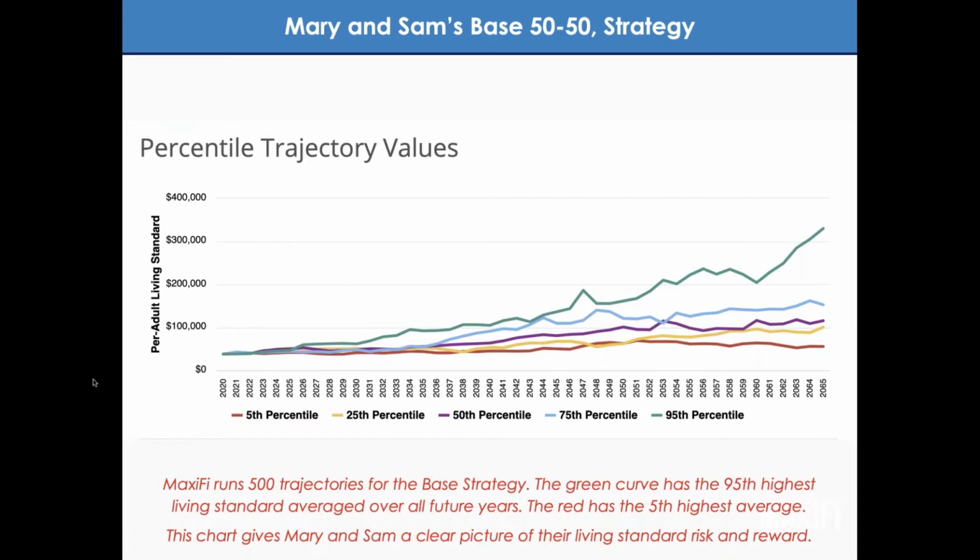How aggressively you invest determines the spread of these curves, this cone of living standard outcomes, how much it spreads out through time. That's determined by two things: the riskiness of your portfolio, how aggressively you're investing, and also how aggressively you're spending through time. I'll talk to you about that more in a sec.